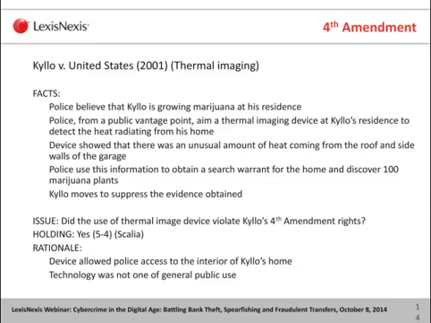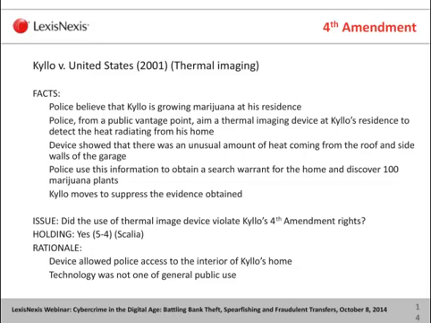So the issue here is whether the thermal imaging device violated Kyllo's Fourth Amendment rights. Did what the police did go beyond the parameters of what's allowed with respect to police conduct? This was a very close case. Justice Scalia wrote the majority opinion, and it was decided 5-4.